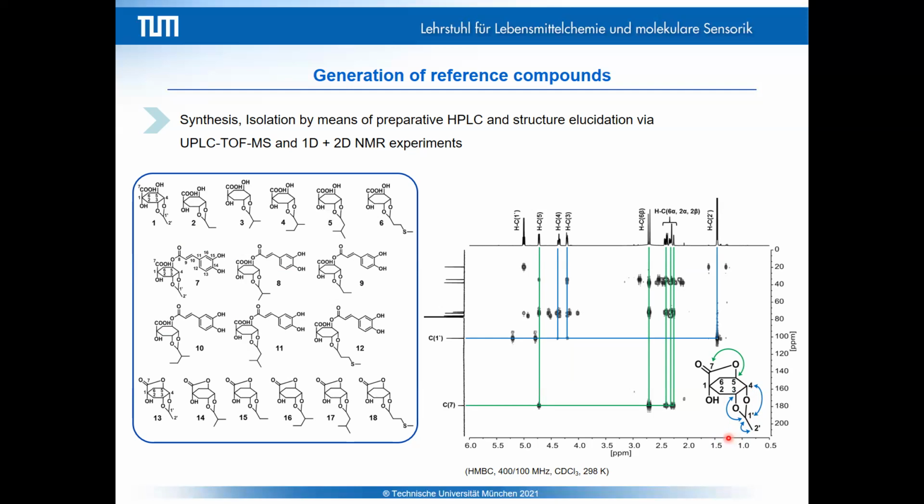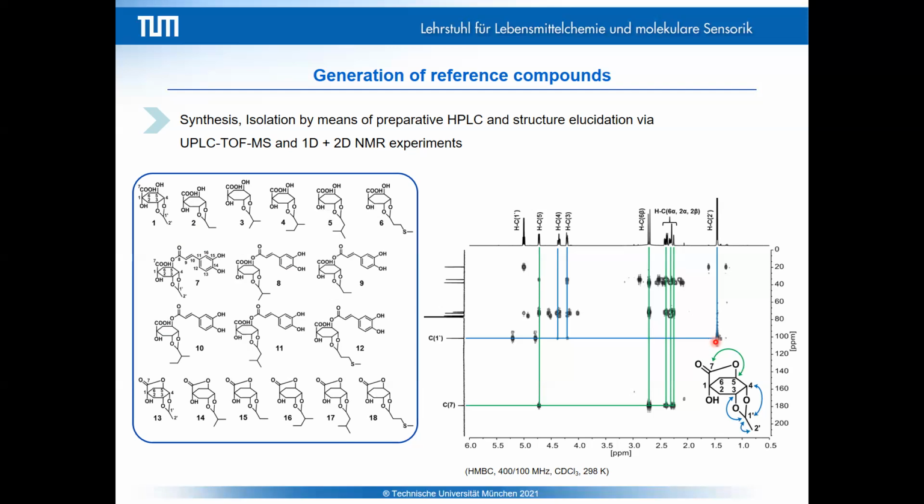The second structural feature, the lactone, can be seen by the correlation between the protons on the diastereotopic CH2 groups, as well as the proton attached at carbon atom 5 with carbon 7, which confirms the structure. In an analogous way, we elucidated the structure of these 18 compounds.